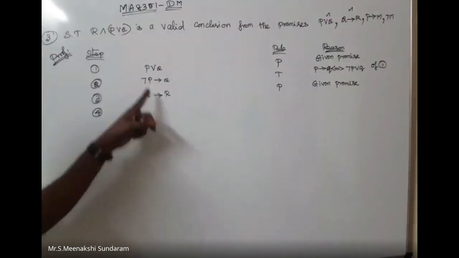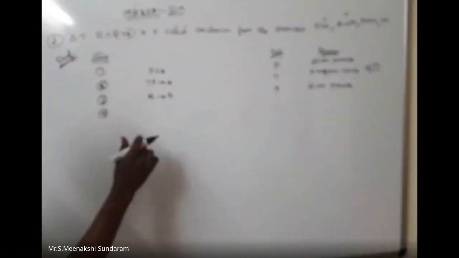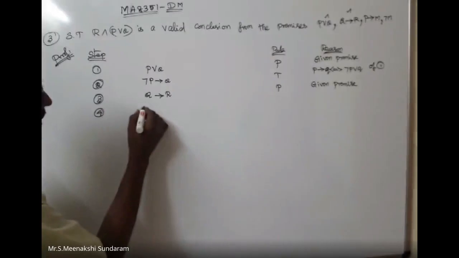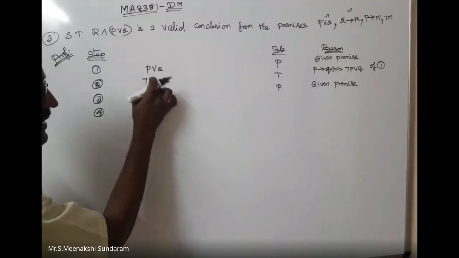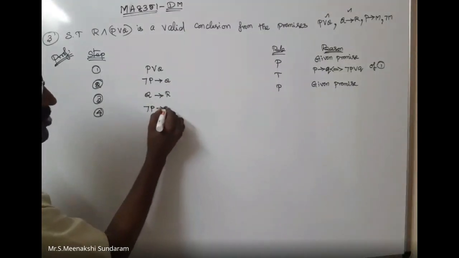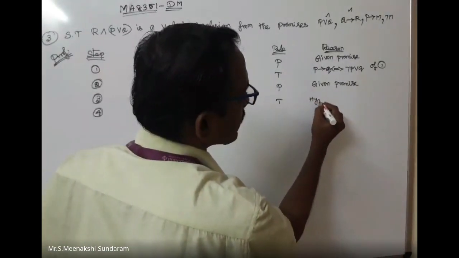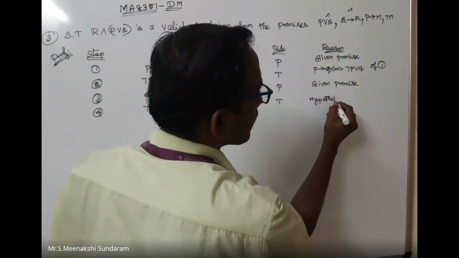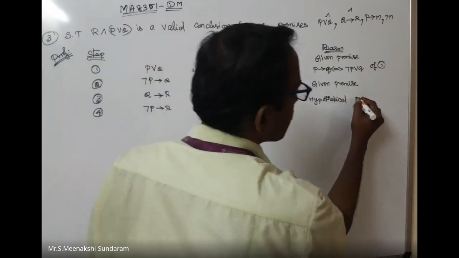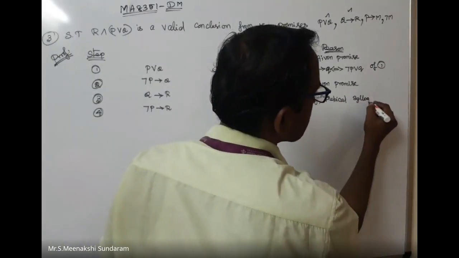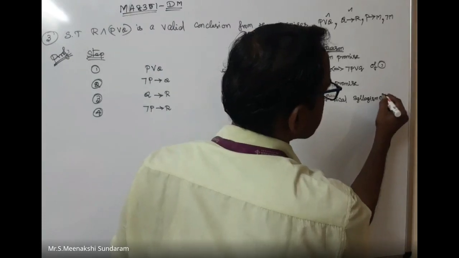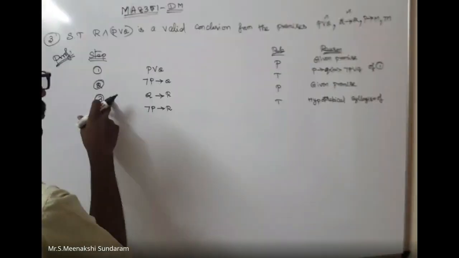Using these two things, negation P tends to Q, Q tends to R, you can write the same answer, directly negation P tends to R. That is the name of hypothetical syllogism. Hypothetical syllogism of steps 2 and 3.